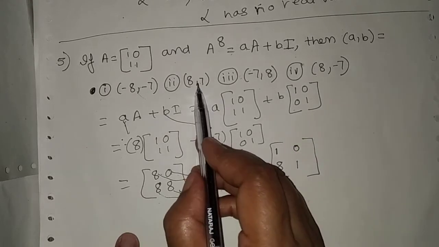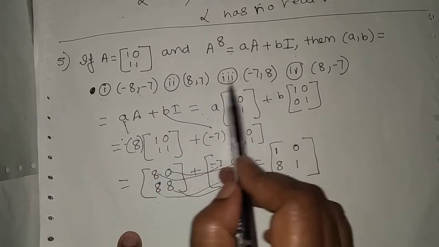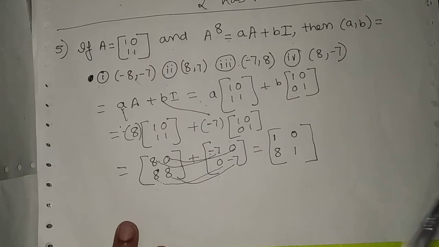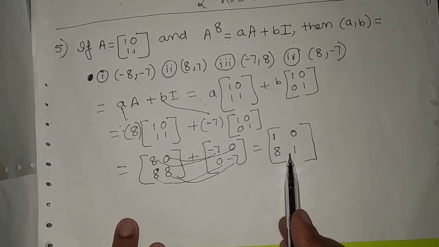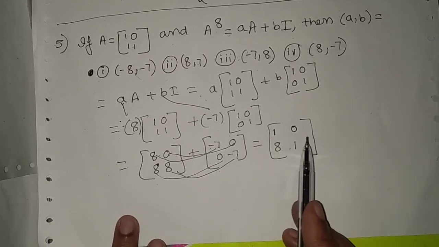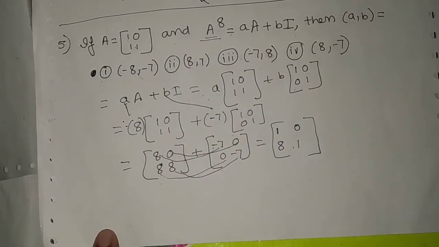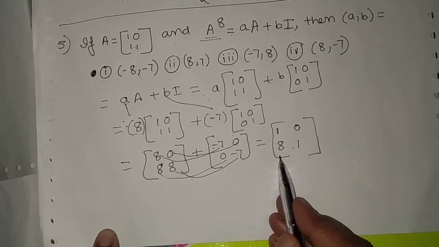So taking this option and putting it here, we can find out which is the correct answer. After practice you will get this very quickly. Then we got this one. In the question they have asked us A to the power of 8. So this one we got.